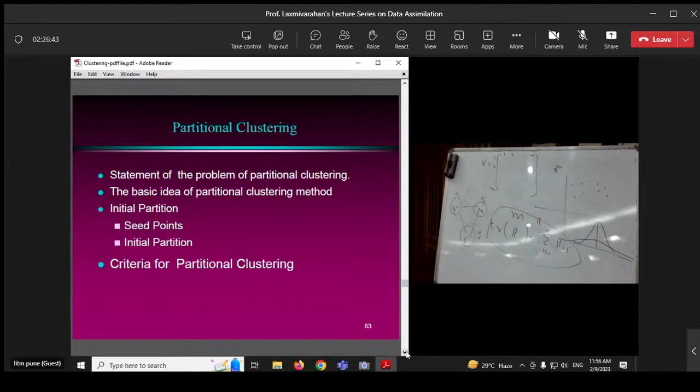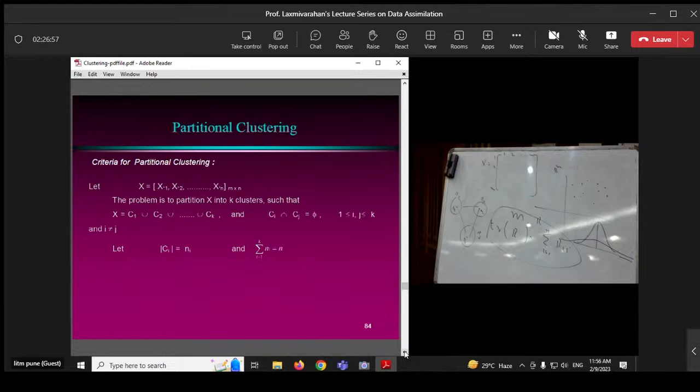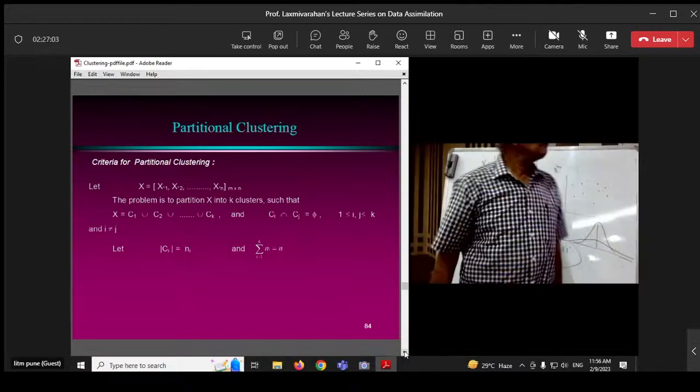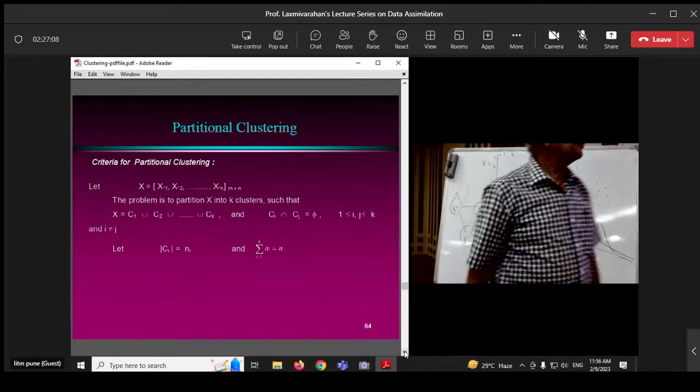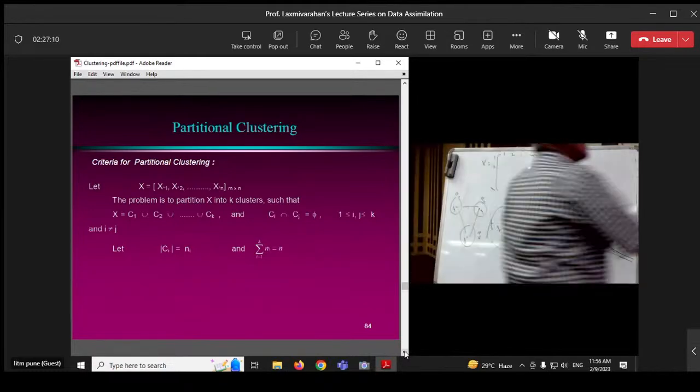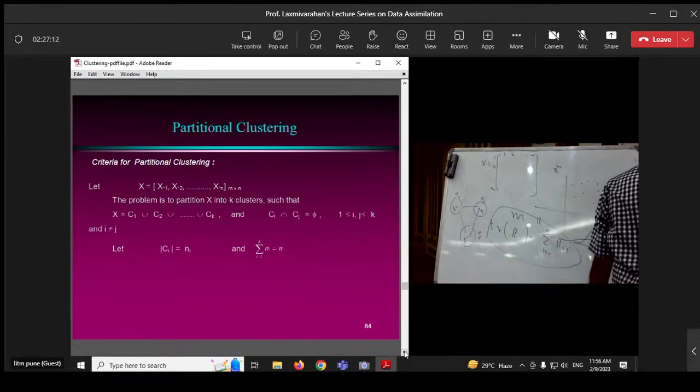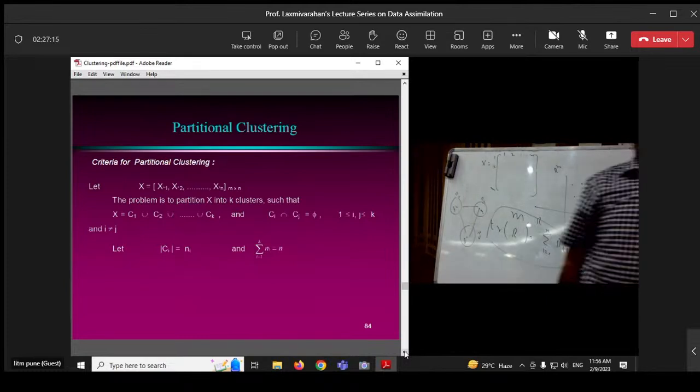Now I have chosen the initial points. I have chosen the initial partition. Now I want to talk about a criterion for partitional clustering. So what is the criterion for partitional clustering? I am given the original matrix m by n. The problem is to partition X into k clusters. The clusters are such that the union of all the clusters is X, and no two clusters have anything in common.